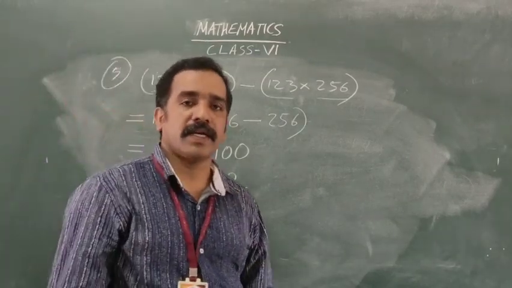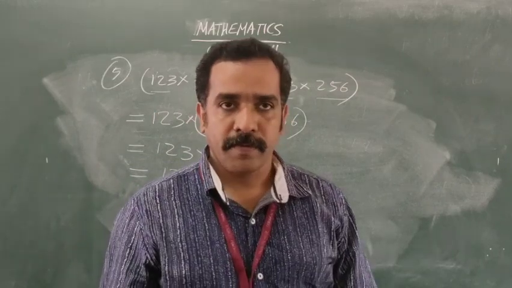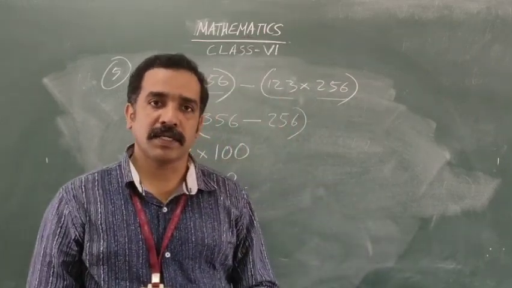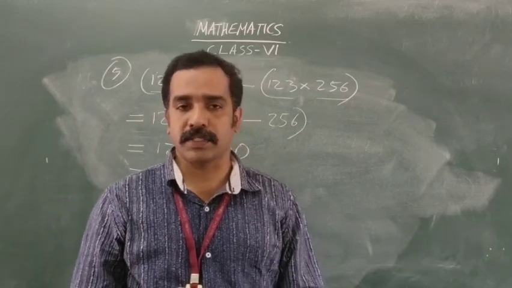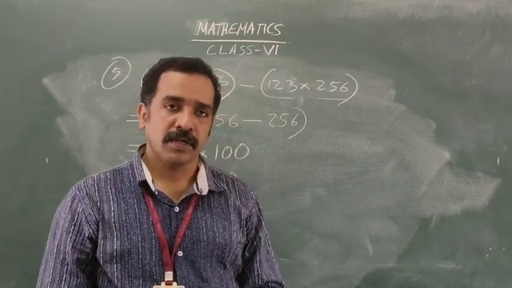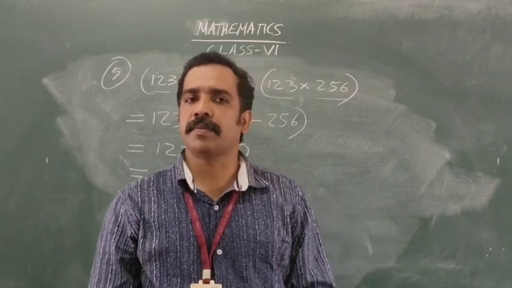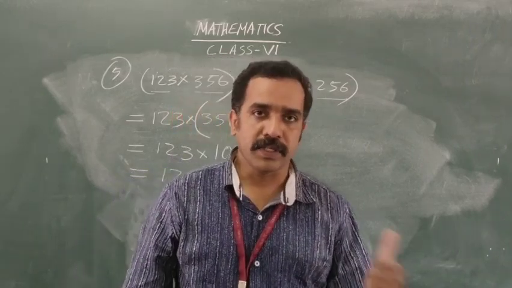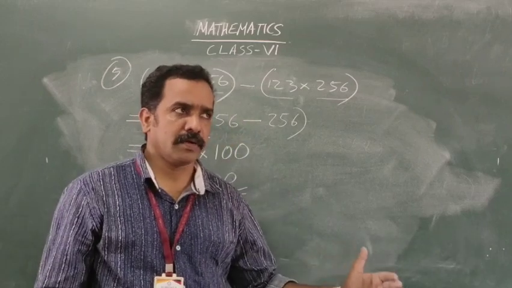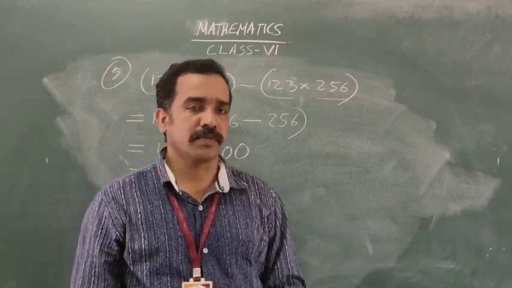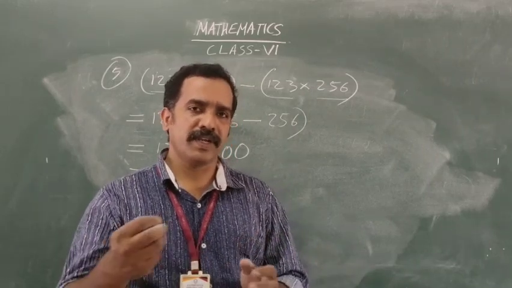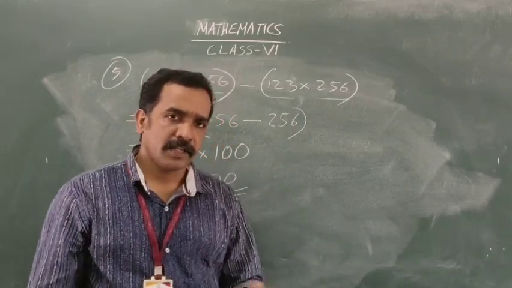So children, that's all for the classes today, and next week there will be no class, but there will be an exam, the pre-midterm exam. You know the portion: the first chapter, a very small chapter, the numbers with Roman numerals, the Indian place value and international place value systems and all. Very few questions were there that you have to do.